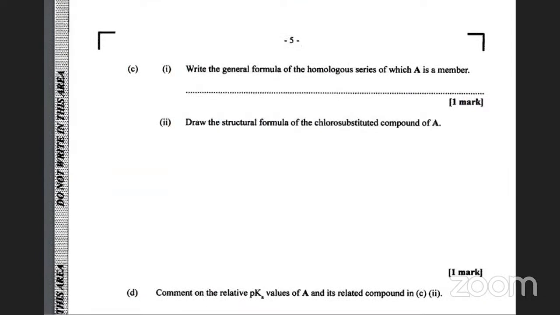This is write the general formula of the homologous series to which A belongs. It was C2H4O2. Once it has 2 oxygen, that means it's more than likely a carboxylic acid. So let us draw the structure and see if we get a carboxylic acid. It was C2H4O2, it wouldn't be a carboxylic acid.